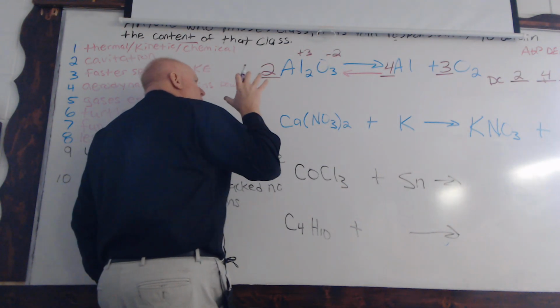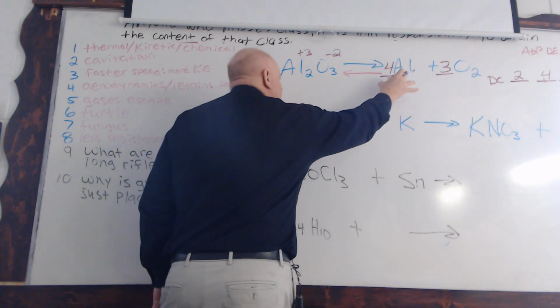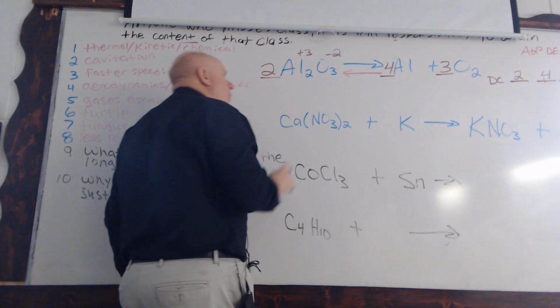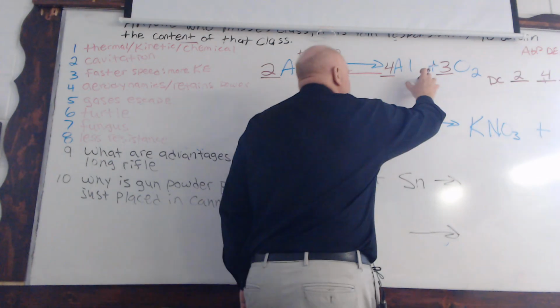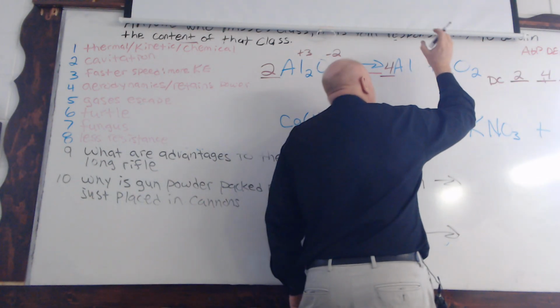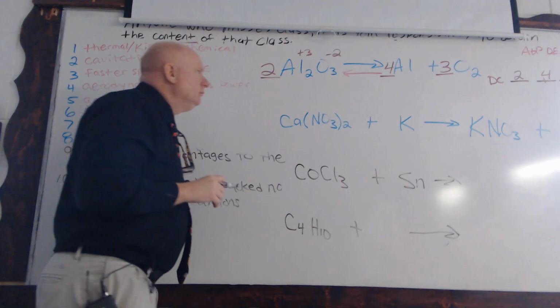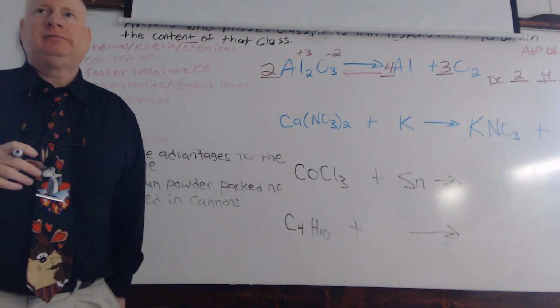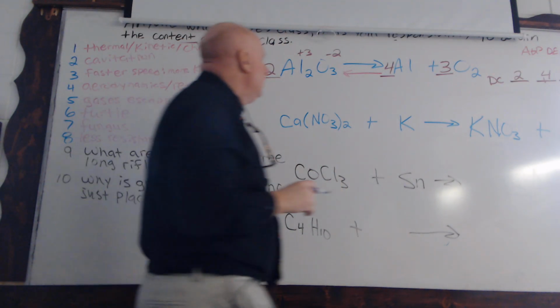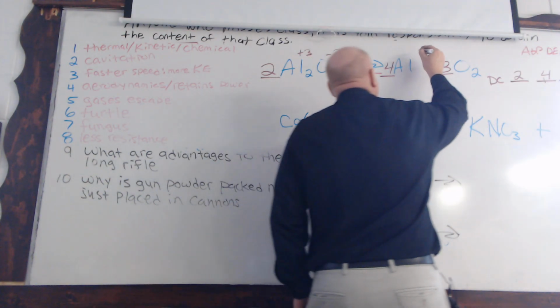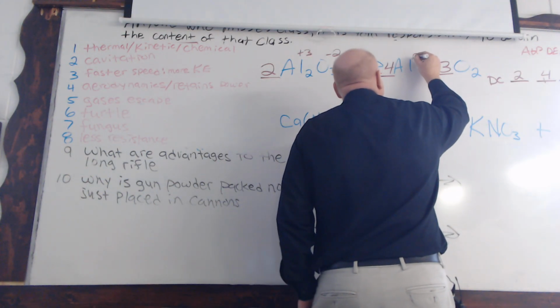So through this process of decomposition, what has happened to this aluminum? Did it gain or lose? It lost electrons. Okay? So then what we see, this is a 0.